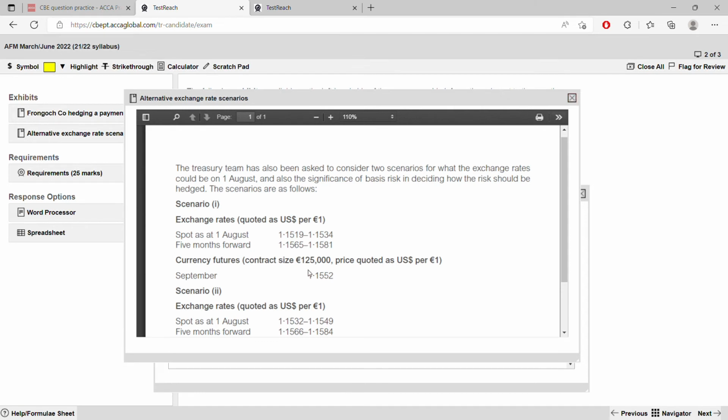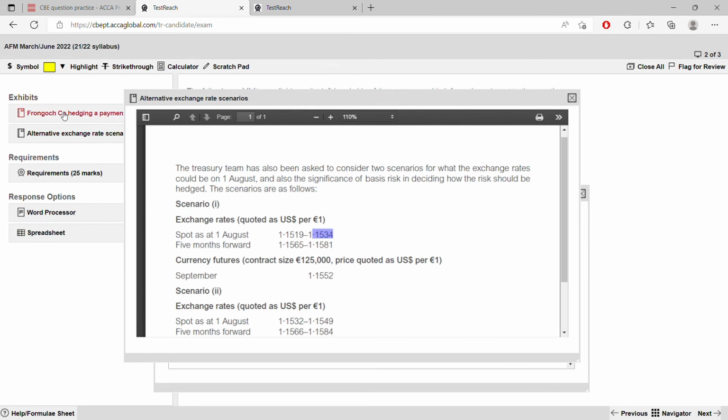Now coming to the second scenario. I will be going a little quick because we have other parts also to do. Scenario 2, forward will not change. What about the future? Future will change because now the basis risks are not the same. But option will remain the same as part A. Why? Options would be exercised as the spot rate is greater than the exercise price. So you have to compare the exercise price with the spot.